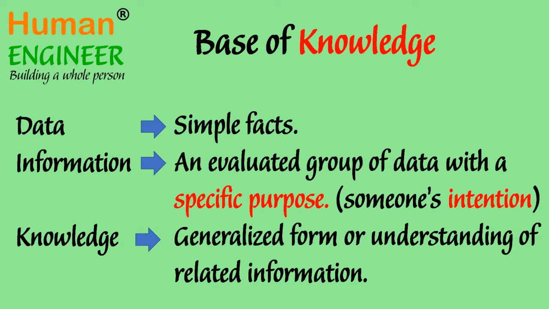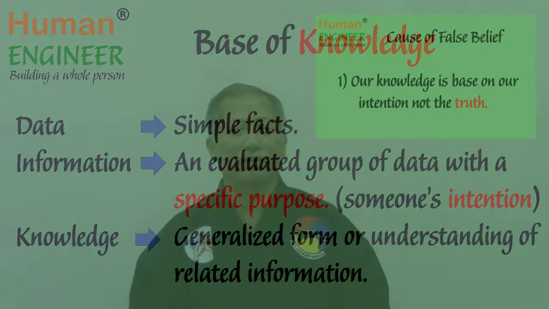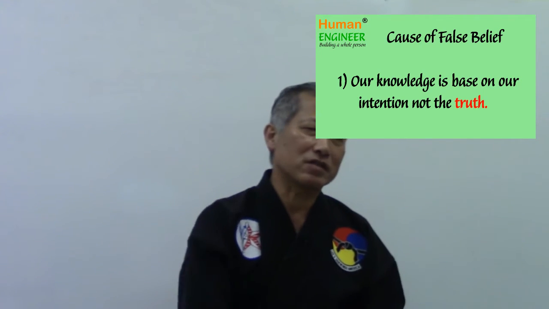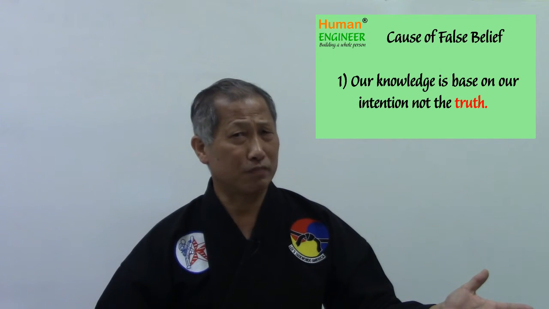It's somebody's purpose. Knowledge is the generalized form and understanding of the form related to all the different information. That's why our knowledge is not based on the truth. Our knowledge is based on either your, my, or somebody else's intention. And this is what we're standing on, our belief. This is something crazy.